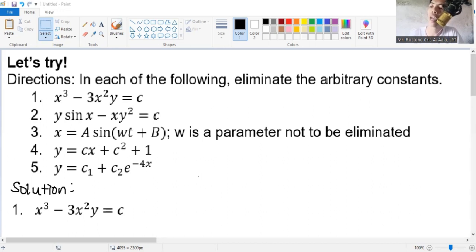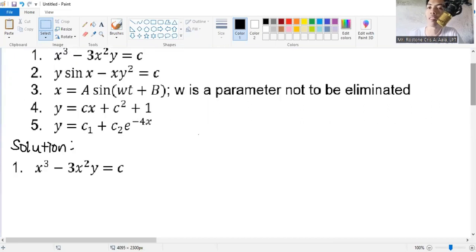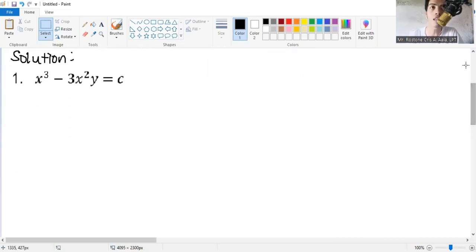So we have here x cubed minus 3x squared y is equal to c. So sa case na ito ay pwede natin gamitin ang implicit differentiation. Okay? So when we say implicit differentiation, nagdi-differentiate tayo ng merong x at merong y.